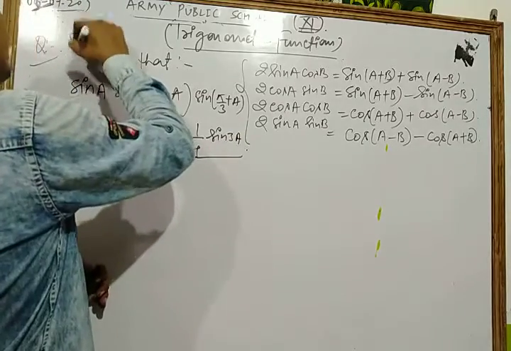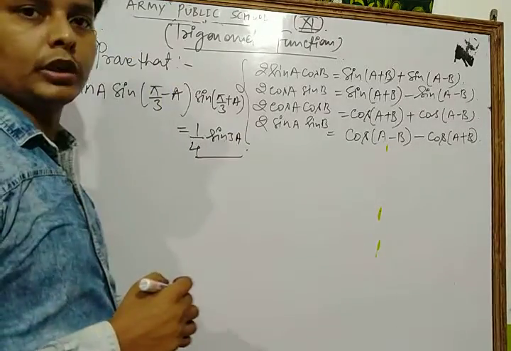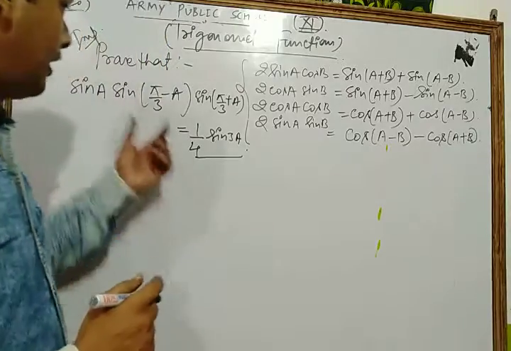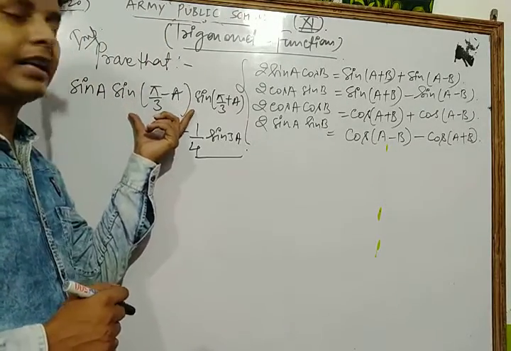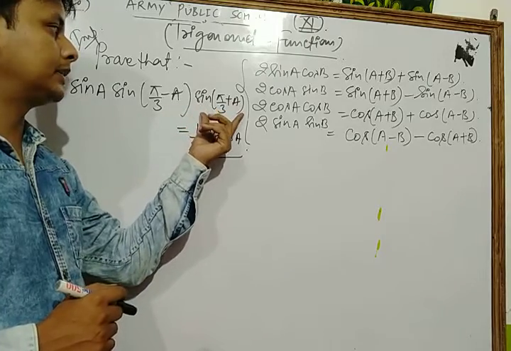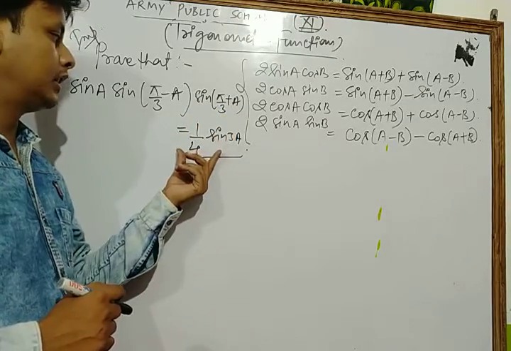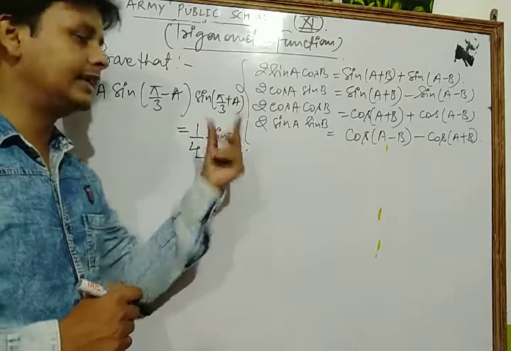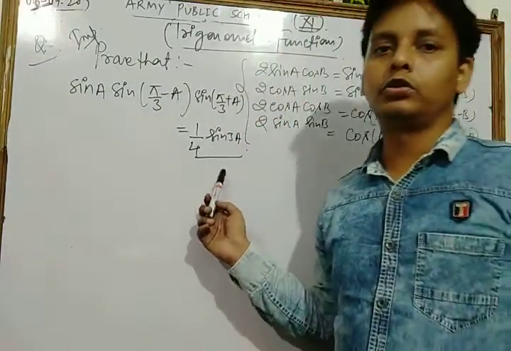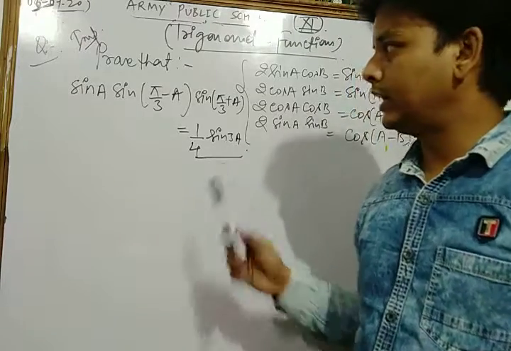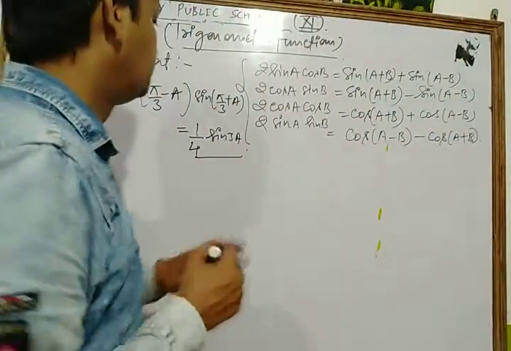This is a very important question for your syllabus. We have to show that sin A into sin(pi by 3 minus A) into sin(pi by 3 plus A) is equal to 1 by 4 sin 3A. This is one of the most important questions of your syllabus. Now let's see its solution.